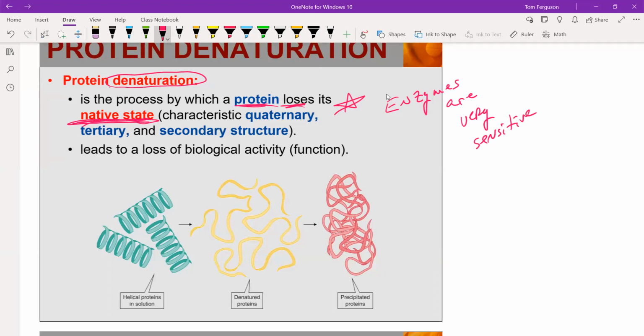Proteins are very sensitive. It leads to loss of biological activity. That means the enzyme stops functioning. Its activity falls off.